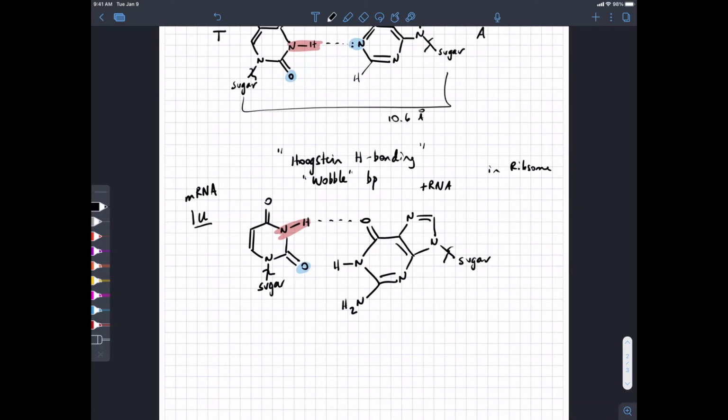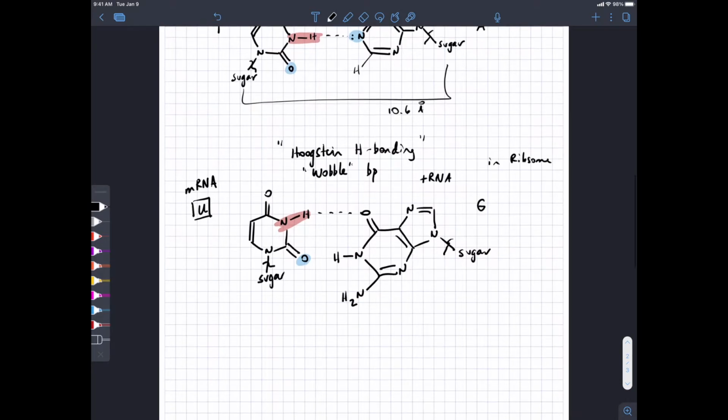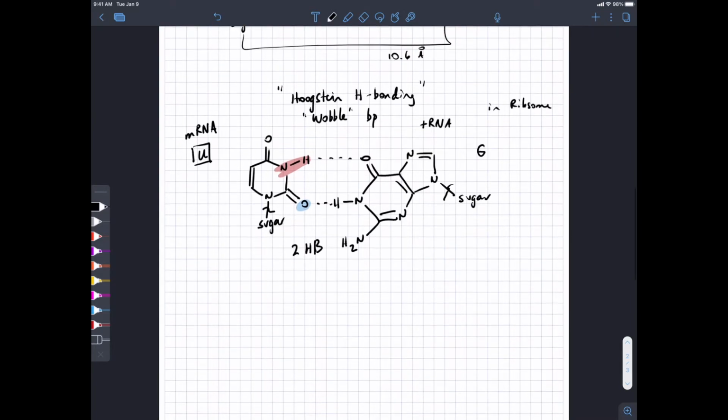So U on one strand can recognize G on another strand, or vice versa. And there are sort of 2 hydrogen bonds here instead of 3.